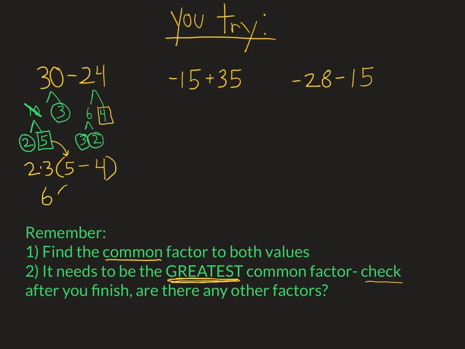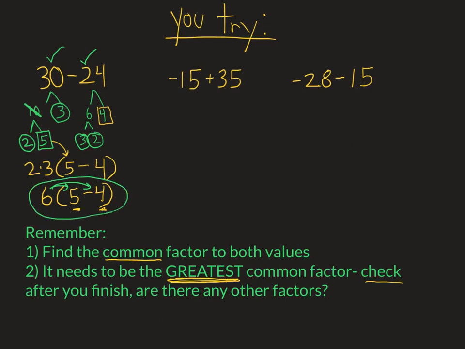It's a 6 times 5 minus 4. For number 1, I check by making sure there's nothing else common. 5 and 4, no more factors I can take out. Second, I can check by making sure my math worked. 6 times 5 is 30, yep. And 6 times negative 4 is negative 24, yep. So I know I did it right.